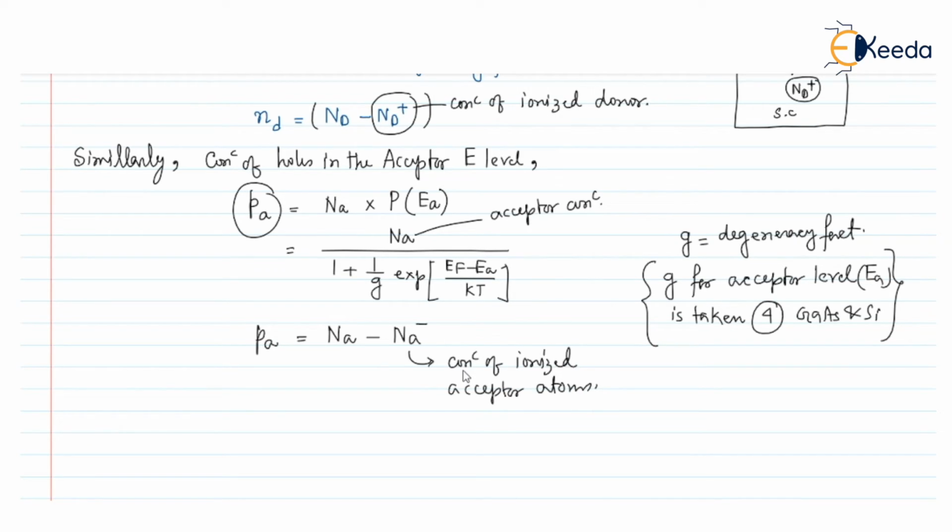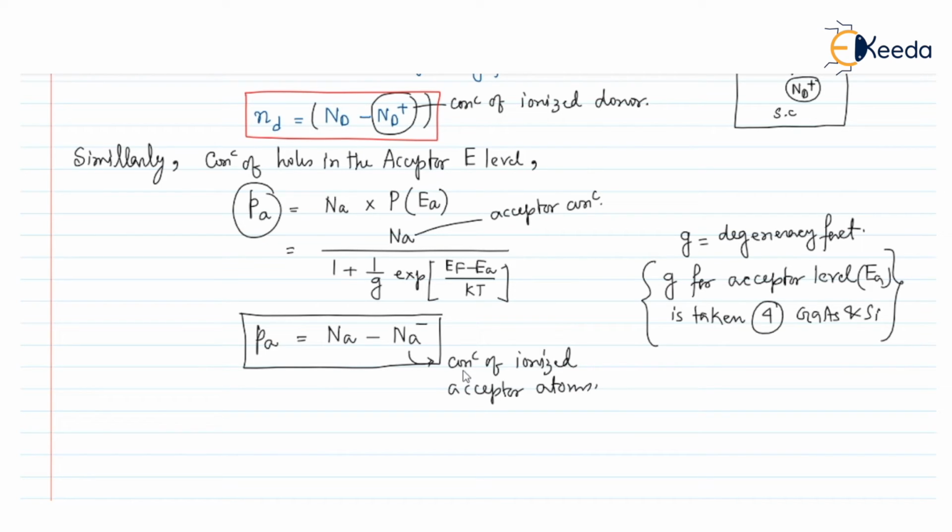So in this way, you can see that we can find the value of the concentration of holes in the acceptor energy level, and we can also find the value of the concentration of electrons in the donor energy level.